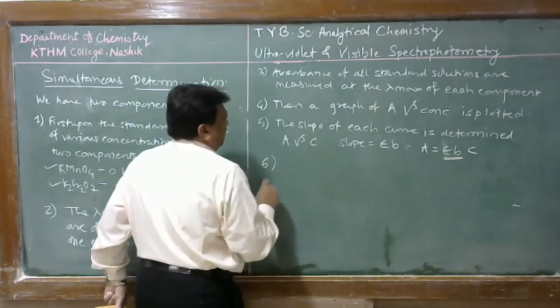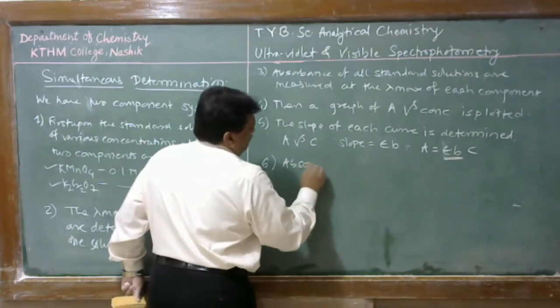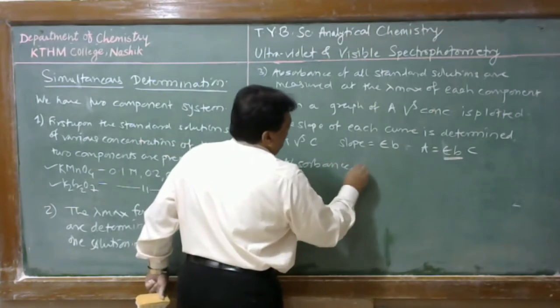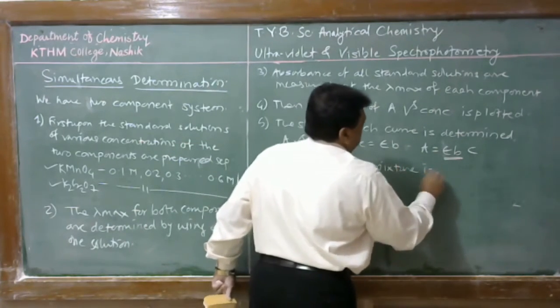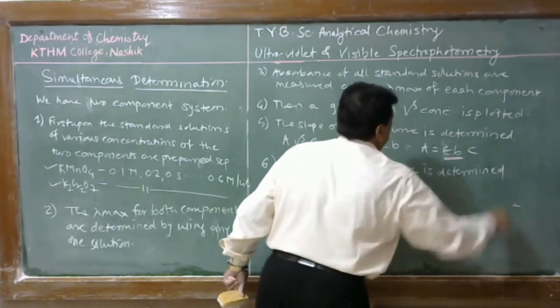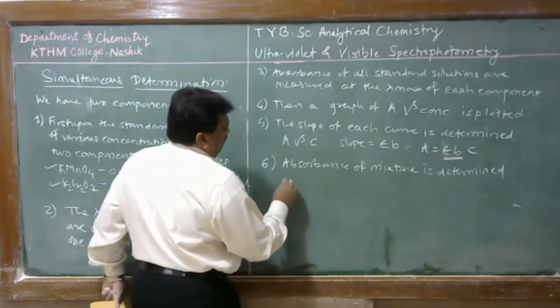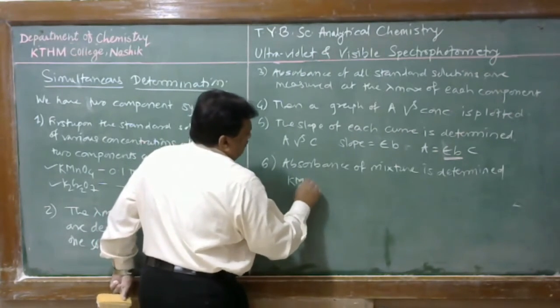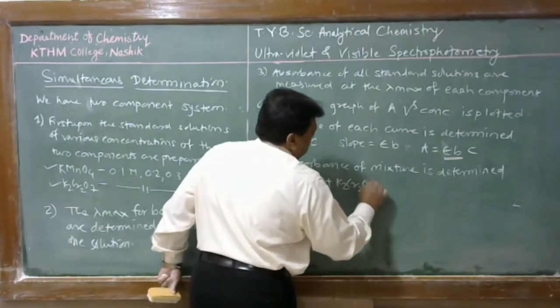After that, the absorbance of the mixture is determined. That is, the mixture is here. For example, we have KMnO4 plus K2Cr2O7.